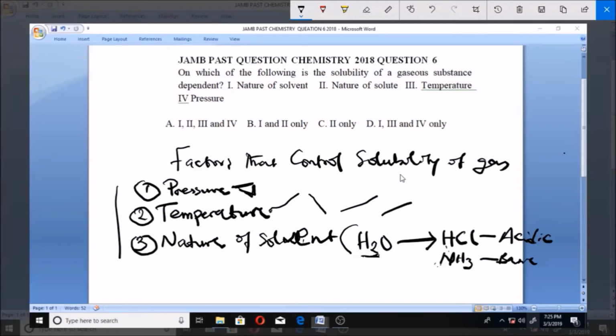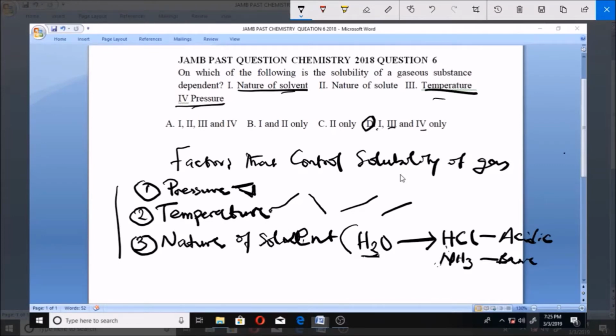From the options you can see that option D takes care of this, because I is nature of solvent, III is temperature, IV is pressure. So these are the three major things that the solubility of gases depends on.